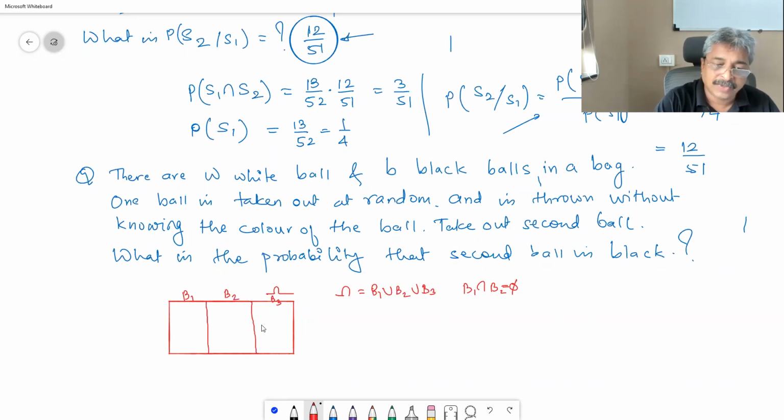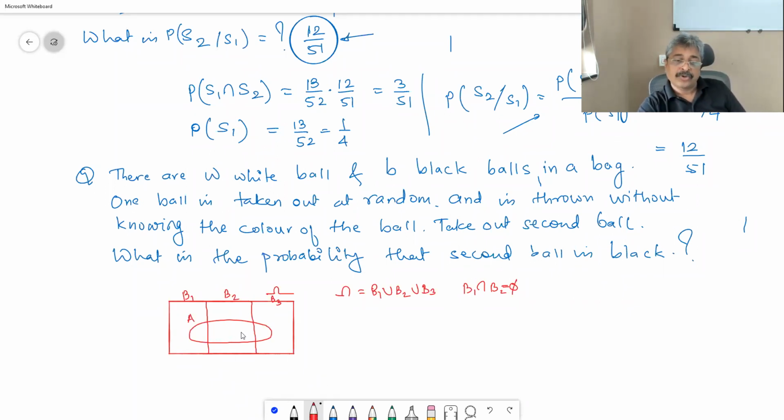Okay, and there is one more event which is A, which is happening. Now if I want to find out the probability of A, I should find out this, correct? Then I should find out this, and then I should find out this and add them.